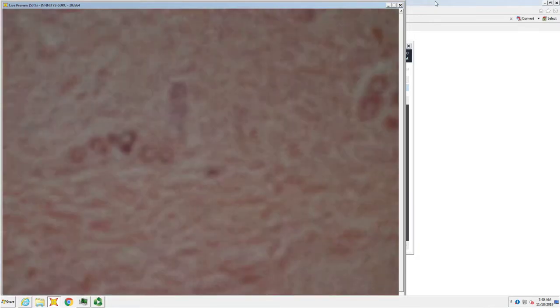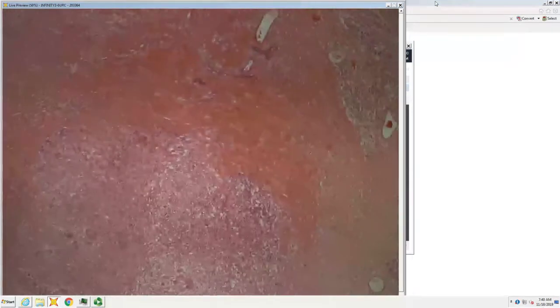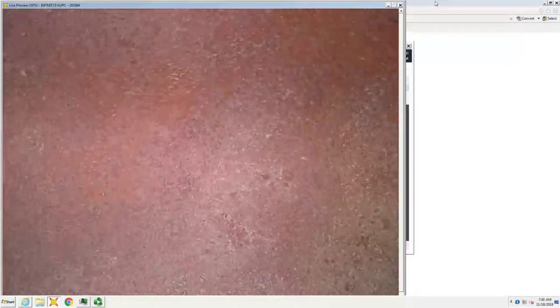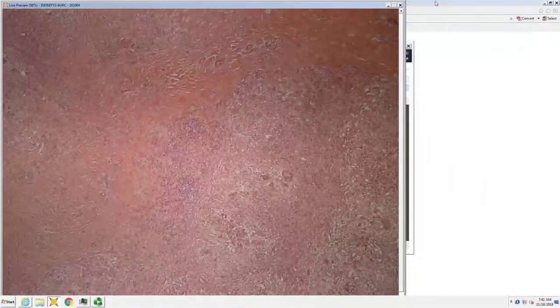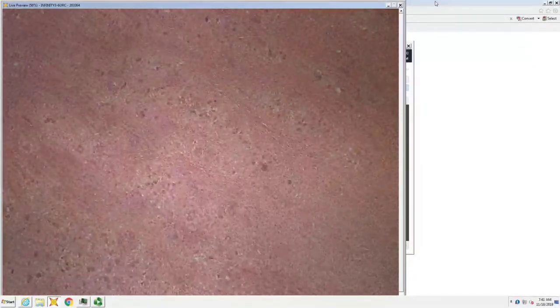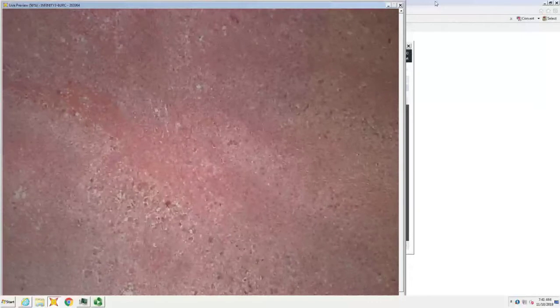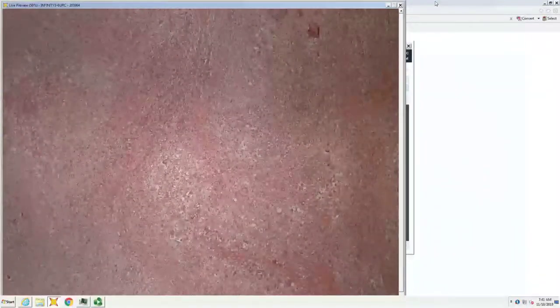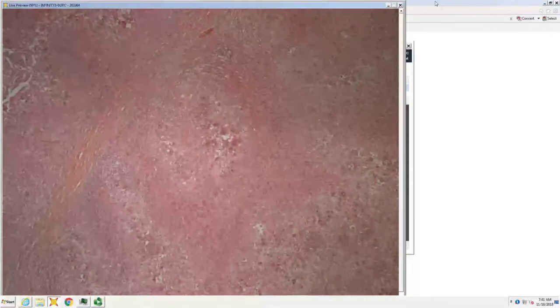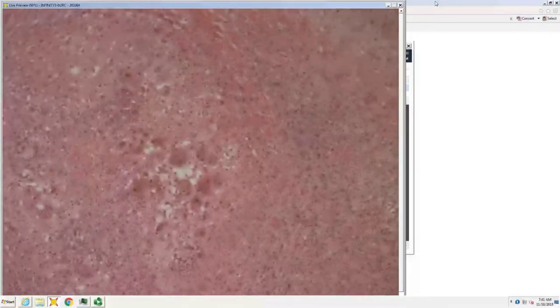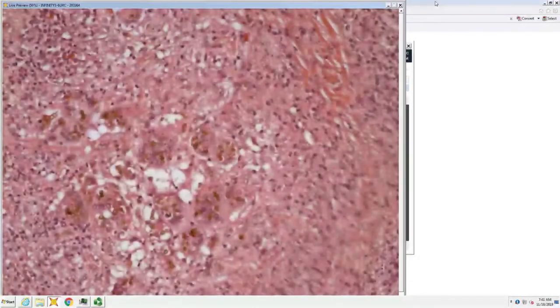So the big space is stem cell? No, the big space is the capsule, the gelatinous capsule. Here, oh, giant cells. Lots of giant cells, it's big. And it has in areas neutrophils.